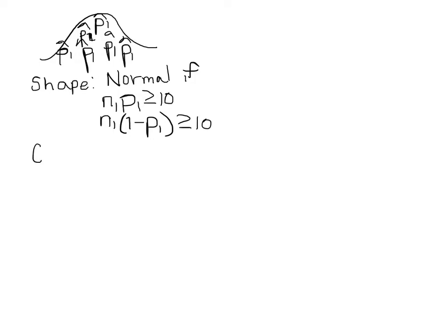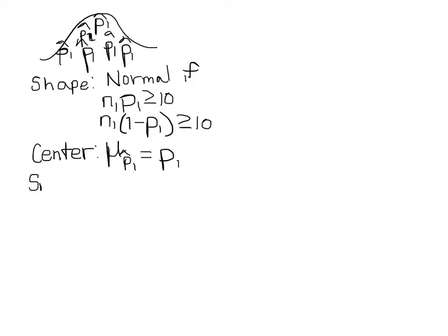Okay, the center. The mean of the sampling distribution of p hat 1 is just whatever the population proportion is. Okay, we should remember that from chapter 7. Our mean is equal to our population proportion.